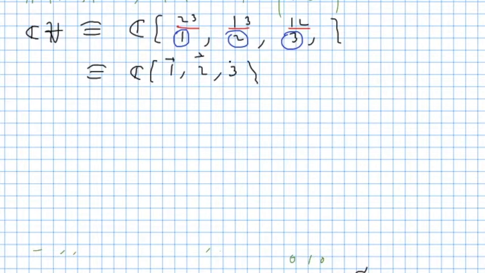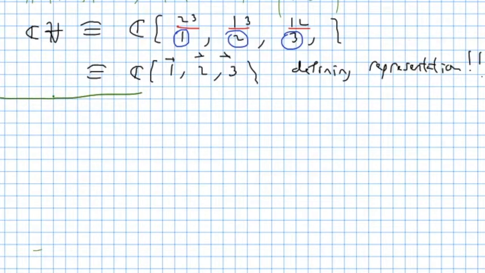Okay? And this is the defining representation. Okay, so that kind of explains why we saw that. Okay, so that finishes this example of an isomorphism.